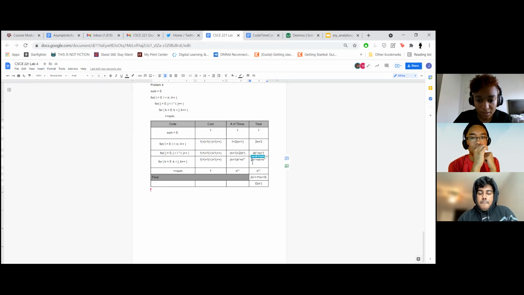Oh, so this is just starting. What is it? It's 3 n to the n. Or wait, I think it should be n to the 2n plus n to the n plus 1, and then plus n to the n, because they're all different exponents. Yeah, I was like, that didn't feel right.